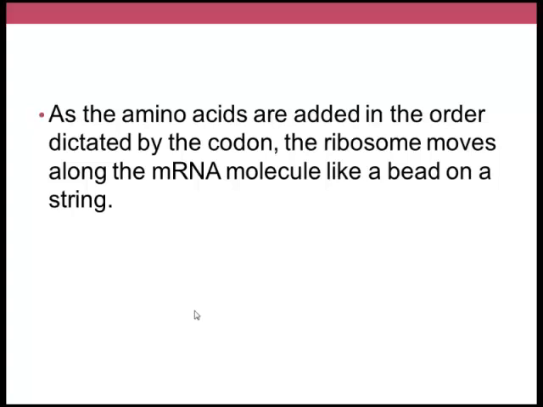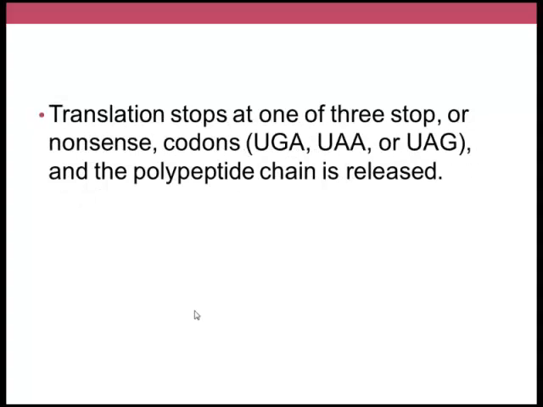As amino acids are added in the order dictated by the codons on mRNA, the ribosome moves along the mRNA molecule like a bead on a string. Then translation stops at one of three stop or nonsense codons. When we reach these codons, the process stops.